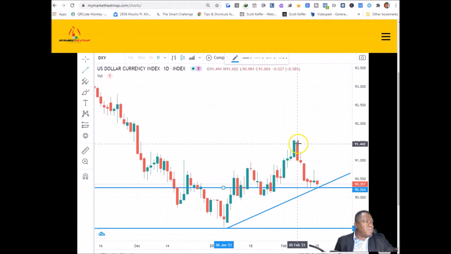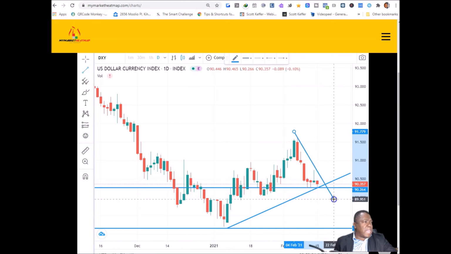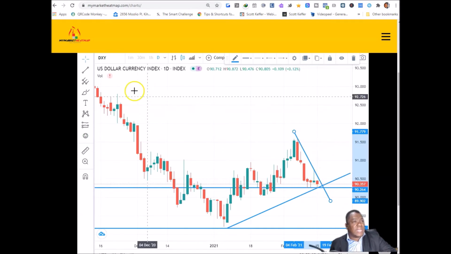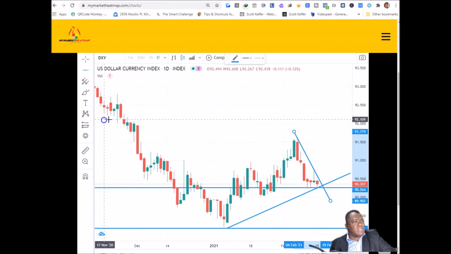So we were poised for a breakout, either a breakout in the dollar index above 90.50, which would take us maybe back up to 91.62, the high from February 22nd.